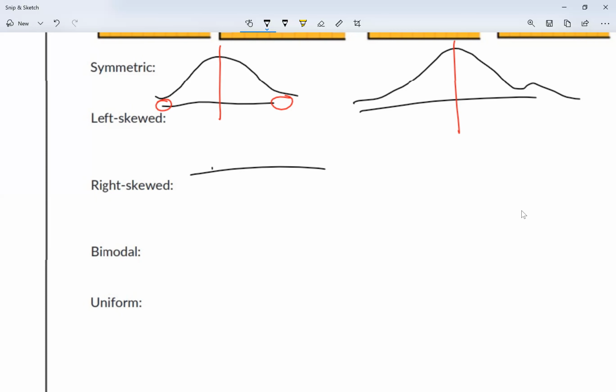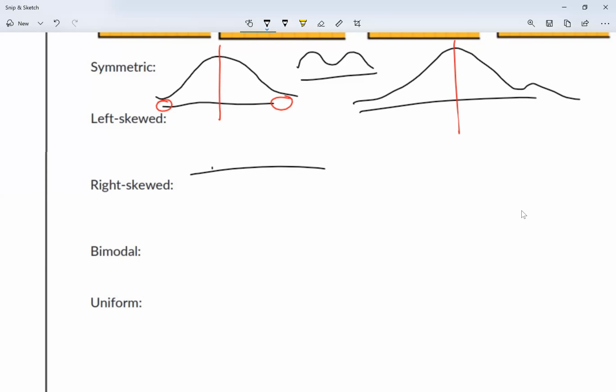For symmetric, you notice how the highest point of my graph seems to be in the center? Sometimes it is not, and it's still a symmetric shape. The highest point doesn't quite have to be in the center. But for left skew, it does have a highest point, but not in the center.